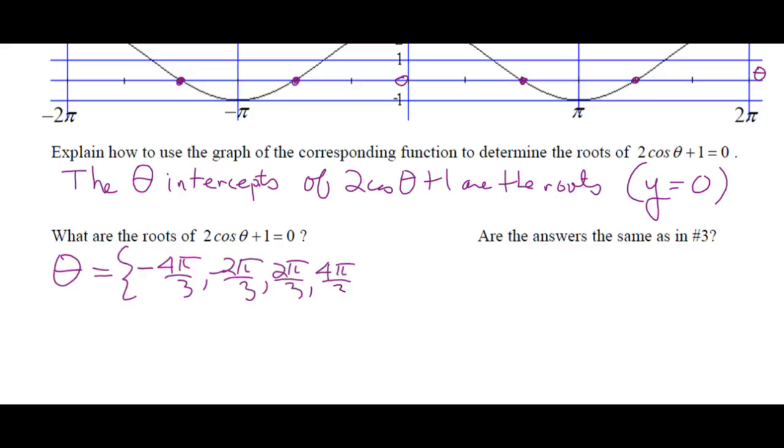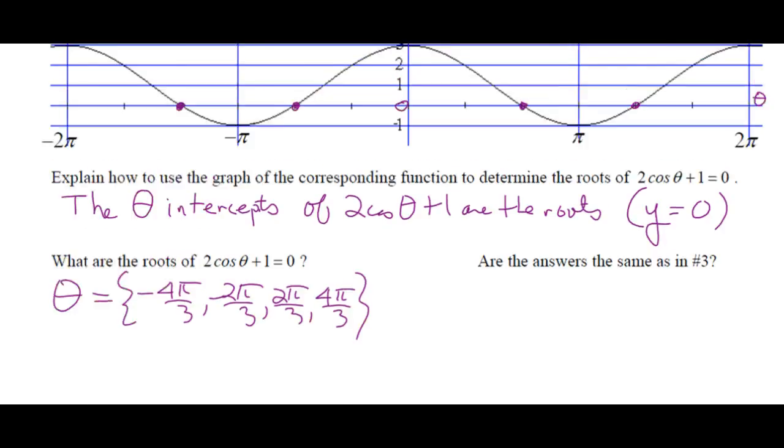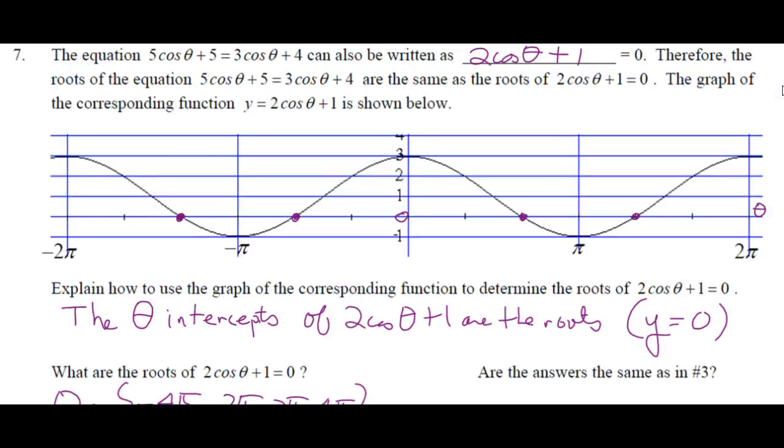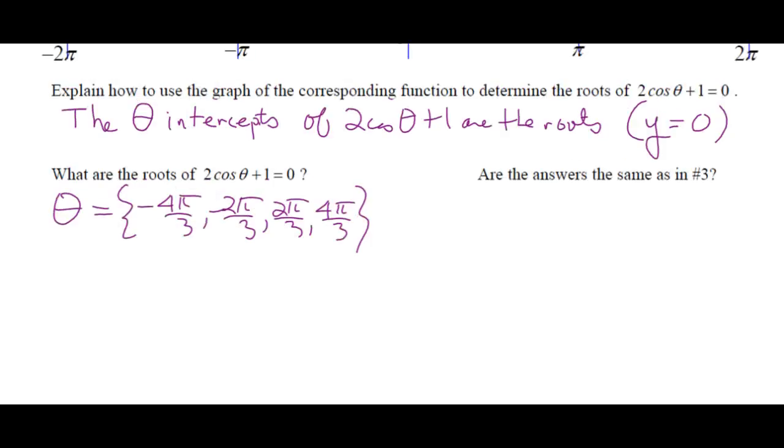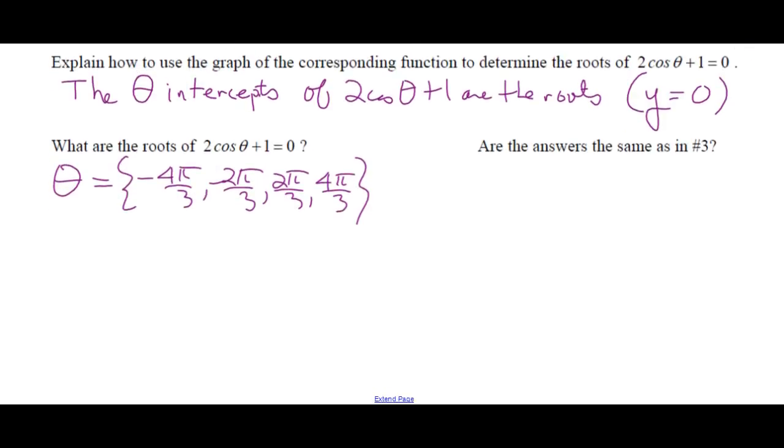Should we list an equation that lists all of them instead of just the ones shown? Well, okay, wait a sec. Does it later on ask for a general solution, or does it just ask for the roots? Is there a part further on that says general solution? No. So, yeah, what are the roots?